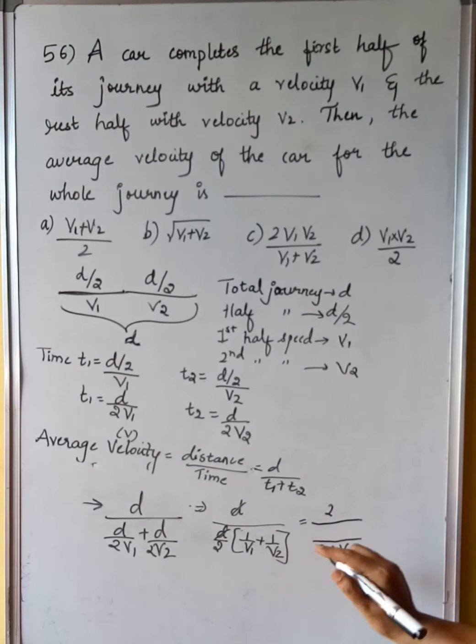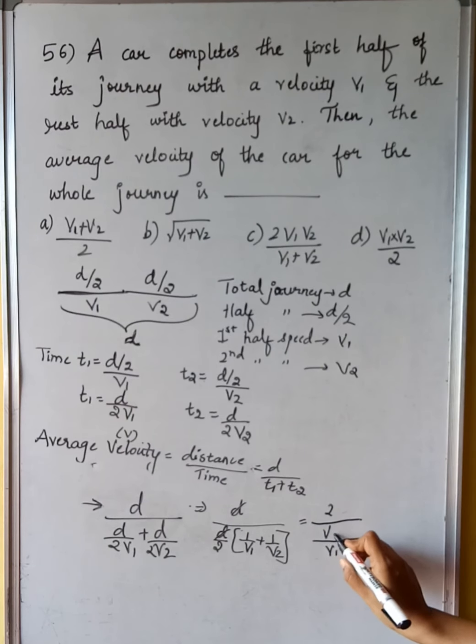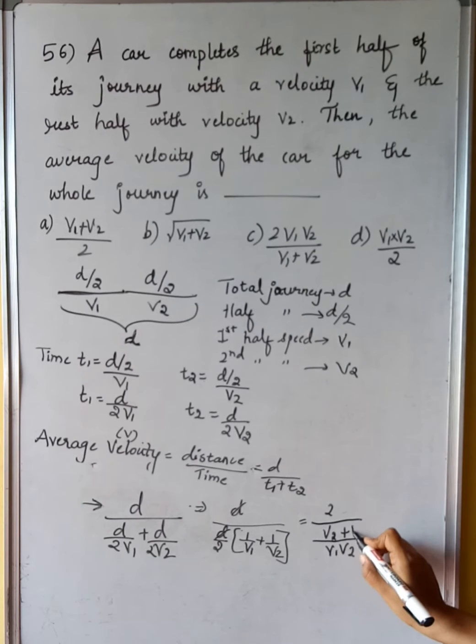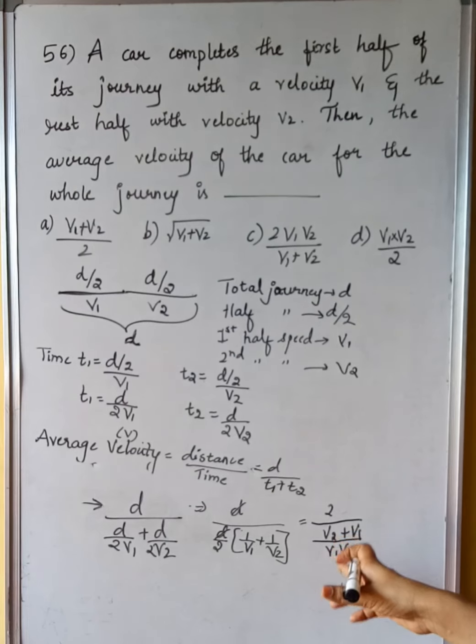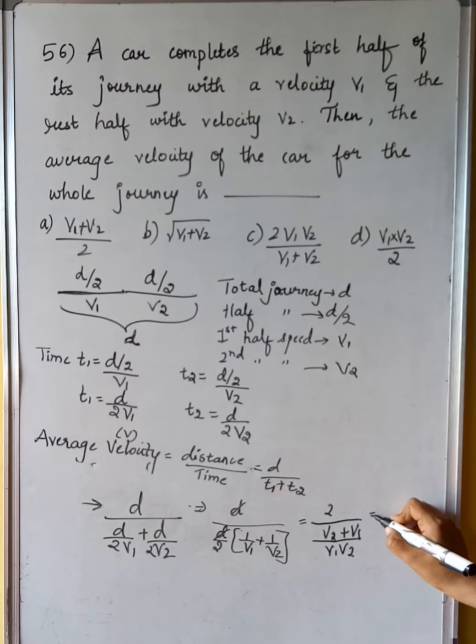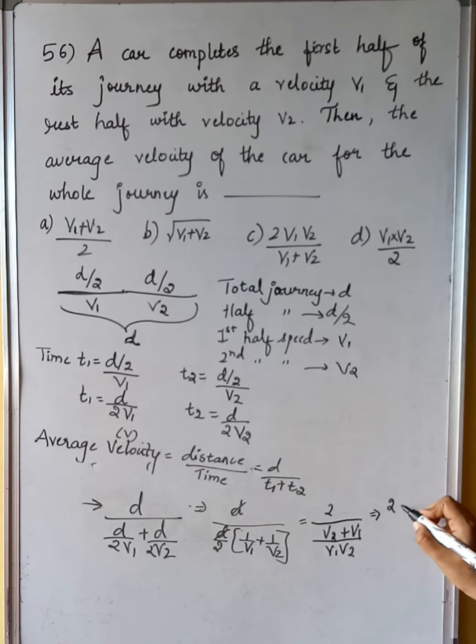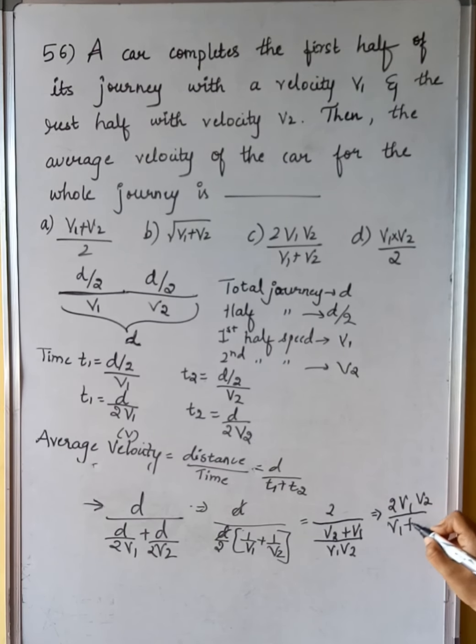So here V1 is already present, so I need to write V2 plus V1. V2 plus V1 is nothing but V1 plus V2 also; it doesn't change. So when I simplify this further, I can write it as 2 V1 V2 whole divided by V1 plus V2.